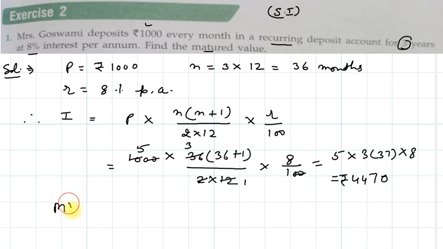So we have to find out matured value. Formula for matured value is P into n plus interest, right?